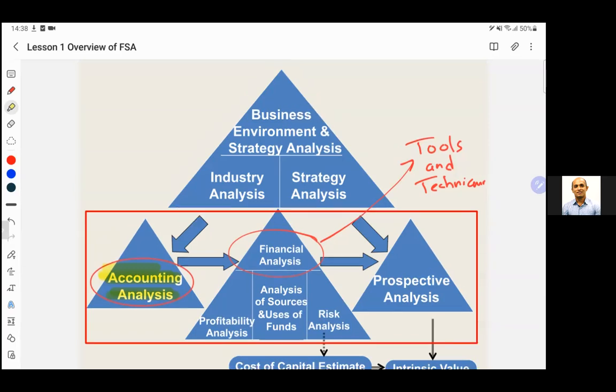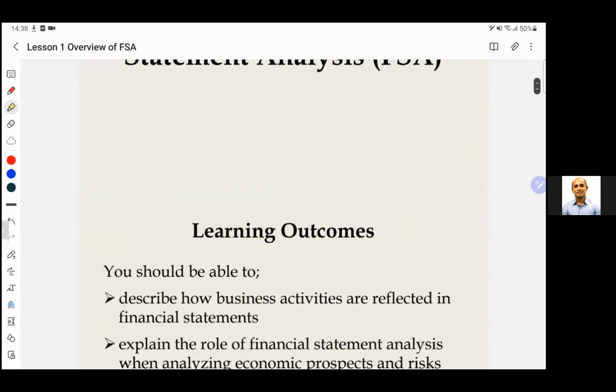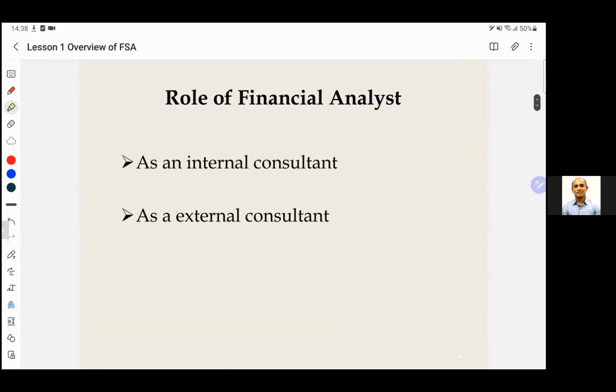Practically, you may work as an internal financial consultant. So when you are an internal financial consultant, you don't get audited financial statements every time.